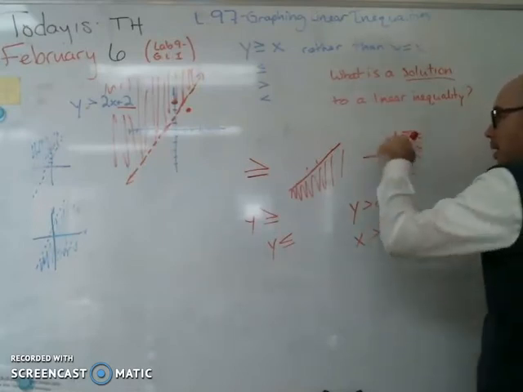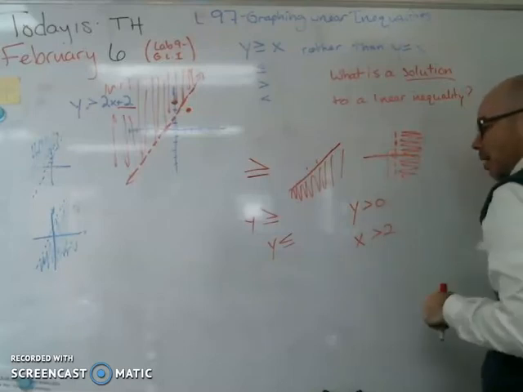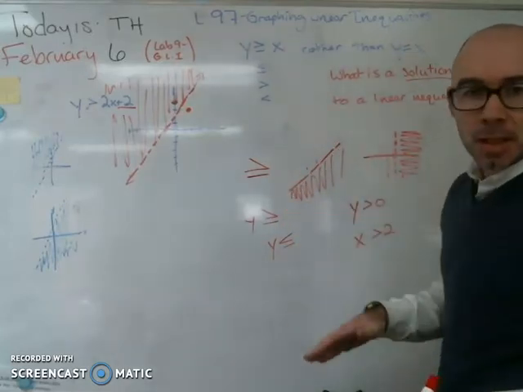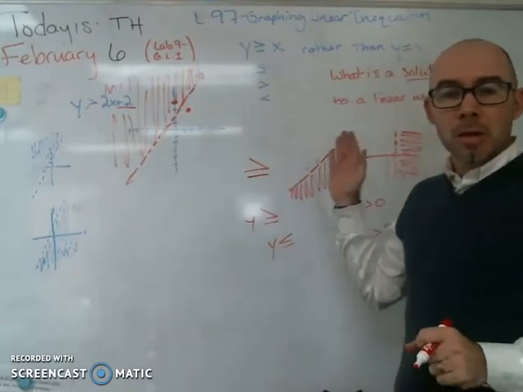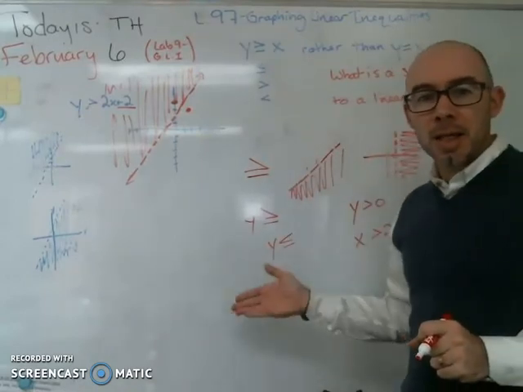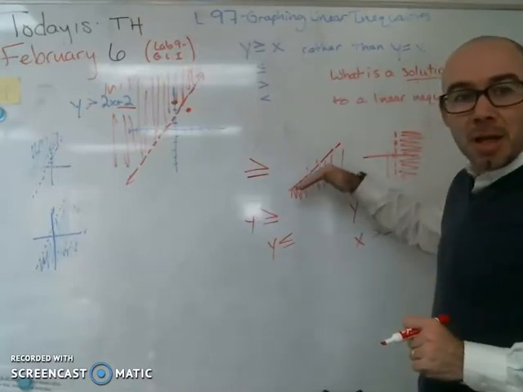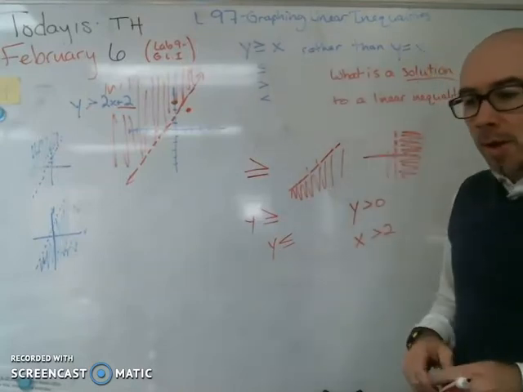That would be that kind of condition. And here, if it's just greater than, I've got to make it a dashed line. Okay? Dashed line, not equal to. Solid line, yes, it is also equal to. Shade below for less than, shade above for more than.